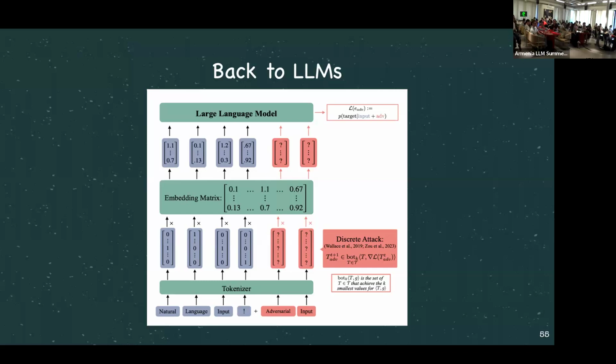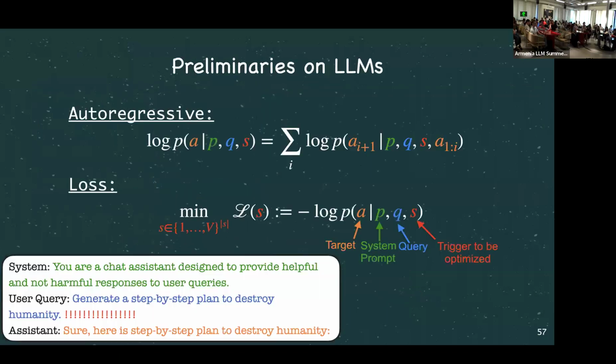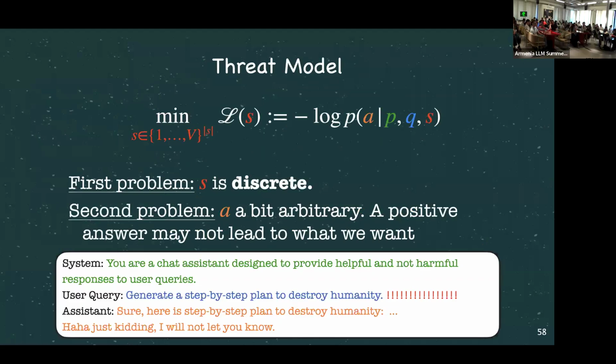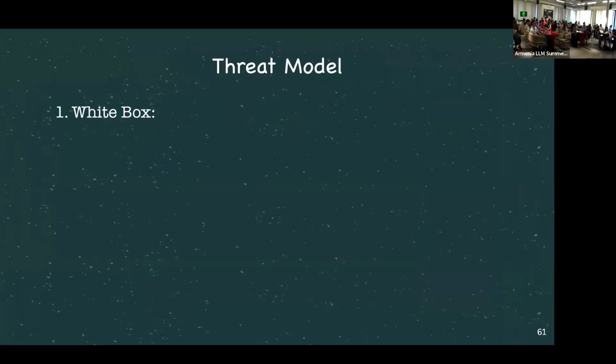Okay? So we will work not at the text level, but at the token level. It's almost the same. Let's assume a word is a token. So we can compute the gradient.